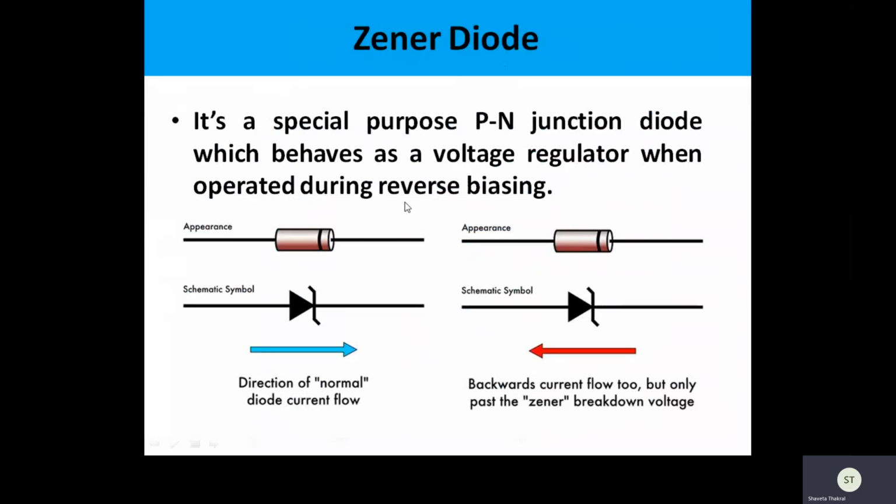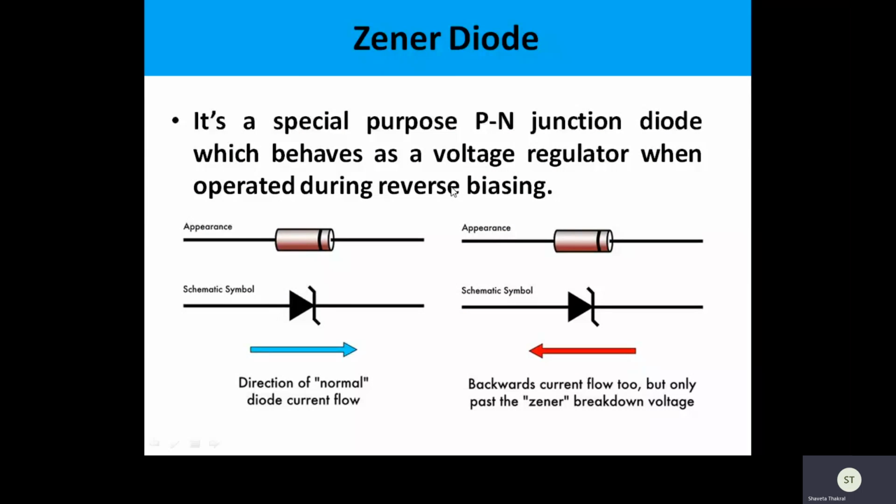Like I told you, the ordinary PN junction diode is never operated after the breakdown. We usually operate it before the breakdown condition only, because once the normal PN junction diode breaks down, there are chances of damage; it can be damaged.